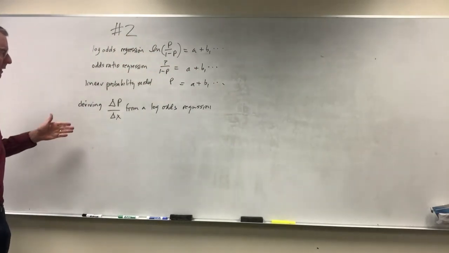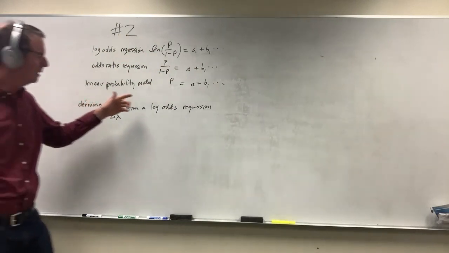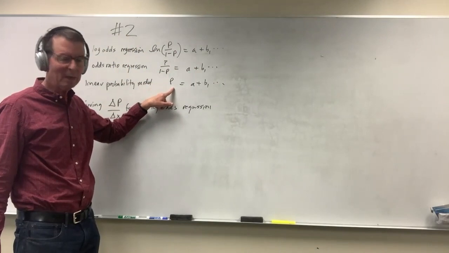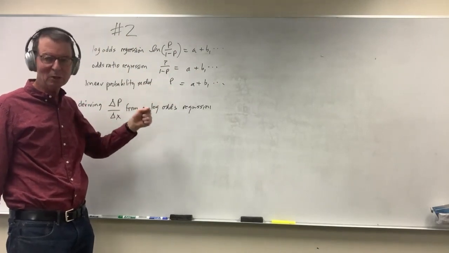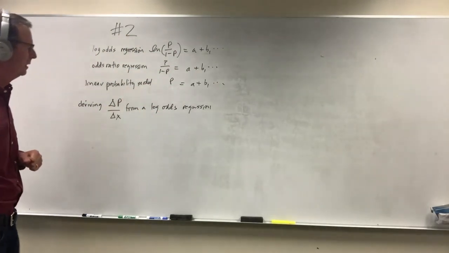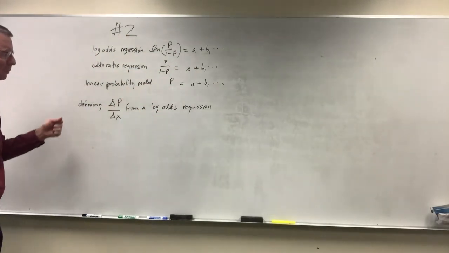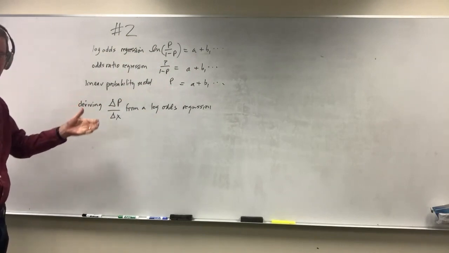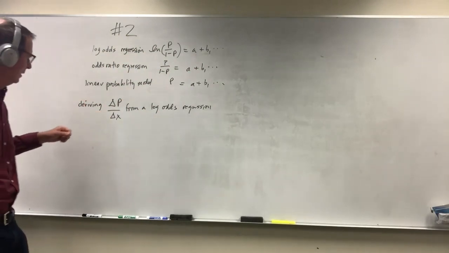And then finally, because the interpretation of a linear probability model is so much better, you want to jump right to a change in the chance of something happening, like completing high school. It's easier for people to think in terms of probability change than in terms of odds changes, or certainly log odds changes.